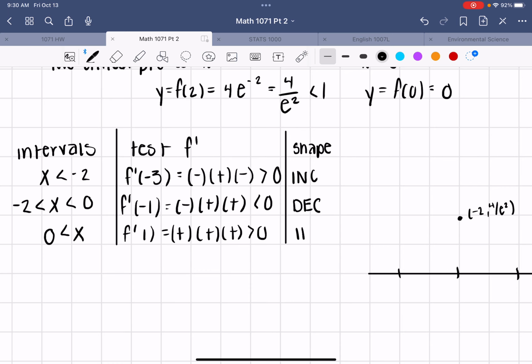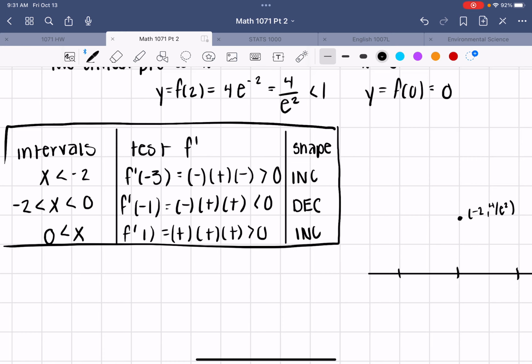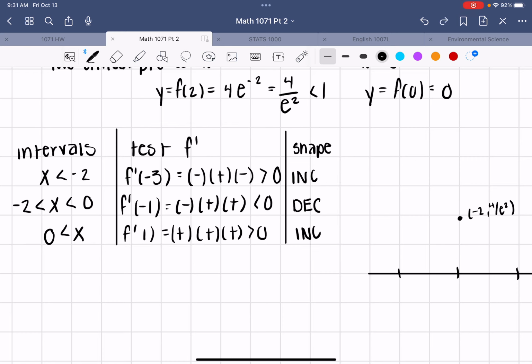P prime q plus p q prime. Remember, e to the x is its own derivative. I should have mentioned that maybe. We did talk about this in the first half of the course. Remember, e to the x is its own derivative.